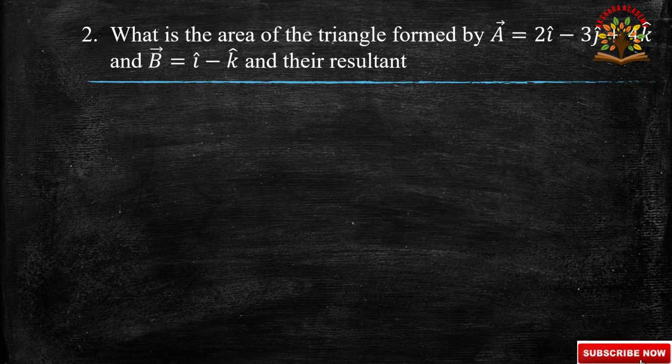So this is the question. In this question they are asking to find the area of the triangle formed by the given a bar equal to 2i cap minus 3j cap plus 4k cap, and b bar equal to i cap minus k cap, and finding the resultant. Let's come to the solution.